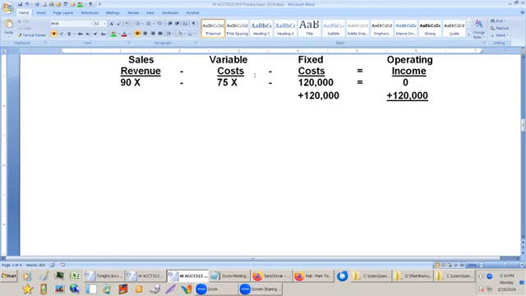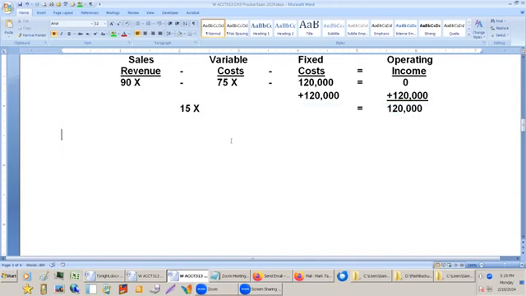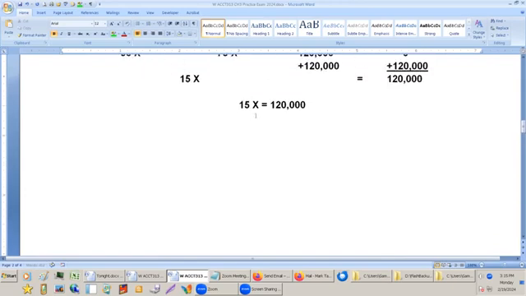$90 minus 75x is what, 15x? Equal 120,000. And again, I'm just getting these closer together.